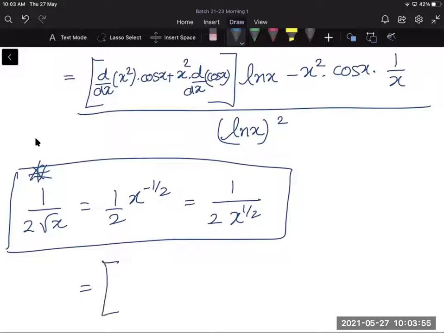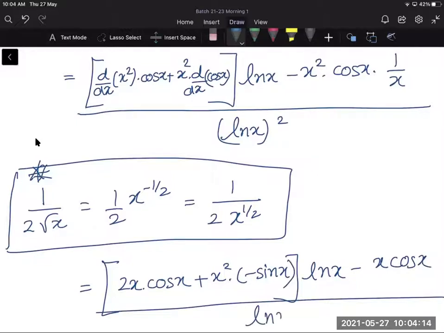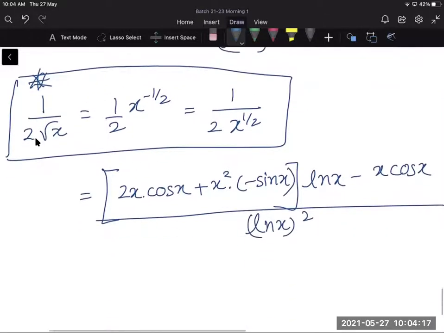So I get d by dx of x square as 2x into cosine x, and then I get plus x square into minus sine x whole into ln x minus x cosine x, because 1 x has cancelled out, divided by ln x whole square.